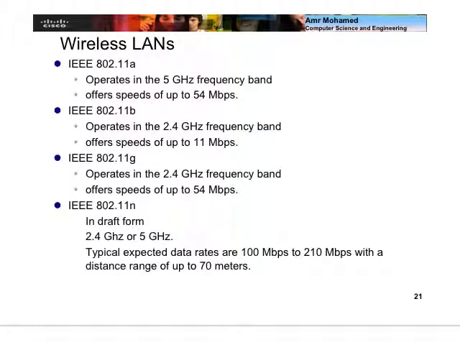Okay? And the range is up to 70 meters, which is still reasonable. Of course, it's not comparable to the range of the base stations. Base stations, you have few base stations to cover the whole country. So the range is typically around maybe 500 meters or 300 meters or something. But 70 meters is still reasonable to cover a good area.